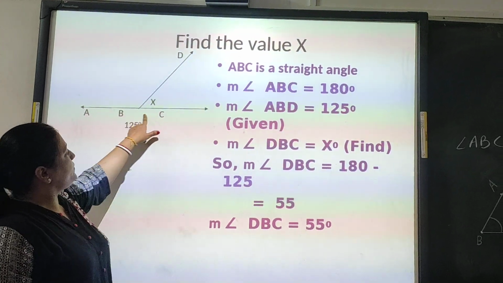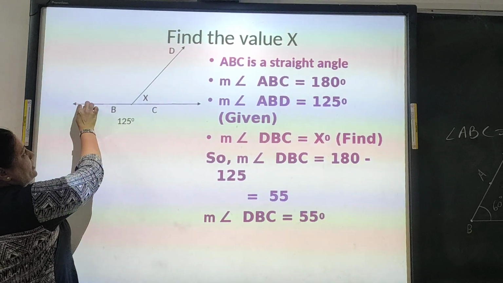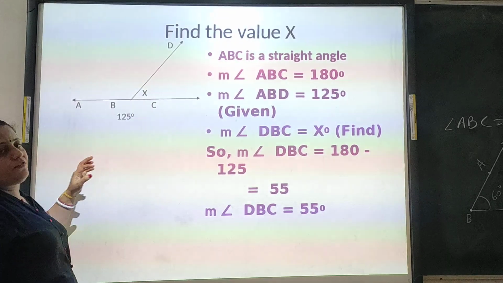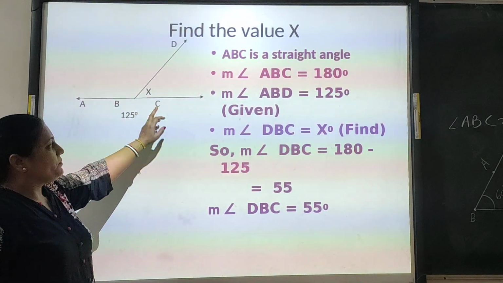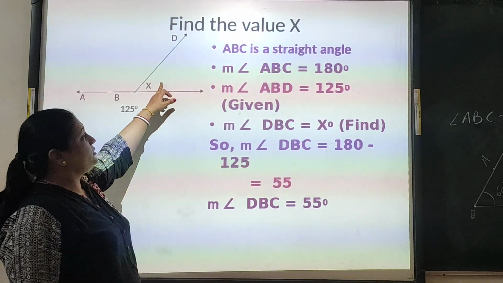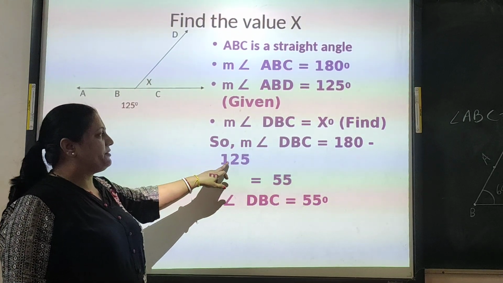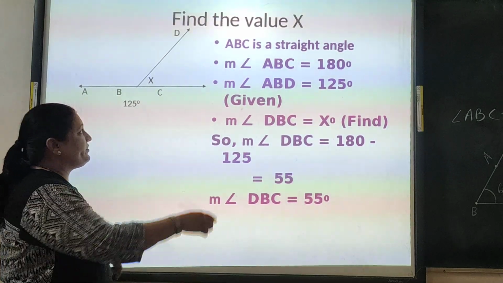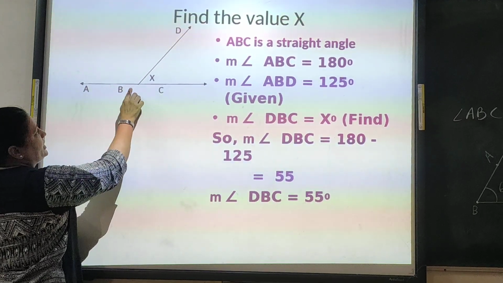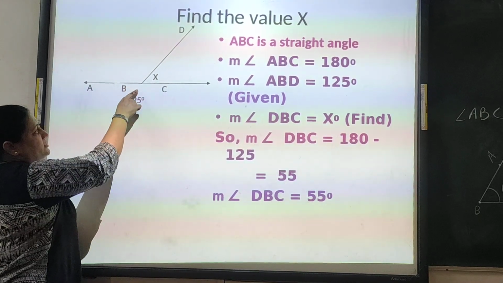As we know the measure of angle ABC is 180 degree, if we subtract the measure of angle ABD from 180 degree, we will get the measure of angle DBC. So the measure of angle DBC is equal to 180 minus 125. Why 180 minus 125? The measure of angle ABC is a straight angle, 180 degree, and the measure of angle ABD is 125 degree.